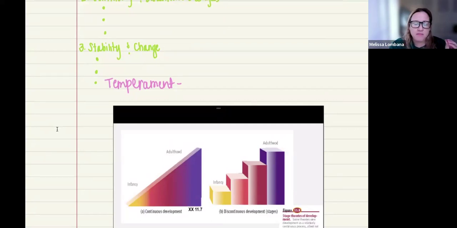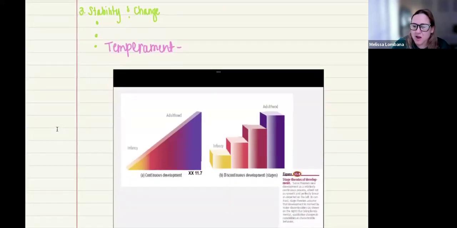Specific traits that we have early on don't always continue as we get older. As we experience life and people influence us, and our perception of experiences, it does alter certain traits that we may have.